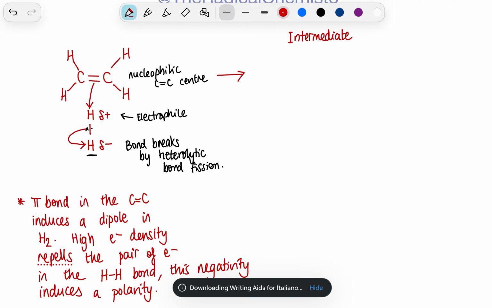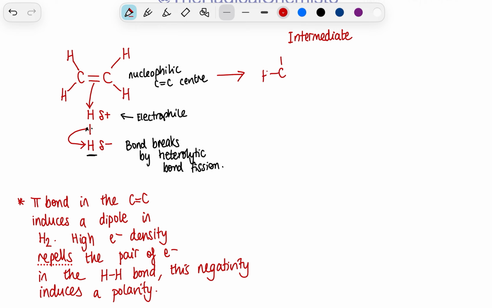An intermediate is normally a partially positive or negatively charged species that forms at a particular step of the reaction. These are normally stable enough to react with another substance, but not stable enough to be the actual final product. So in this case, what we are going to form would be this intermediate.